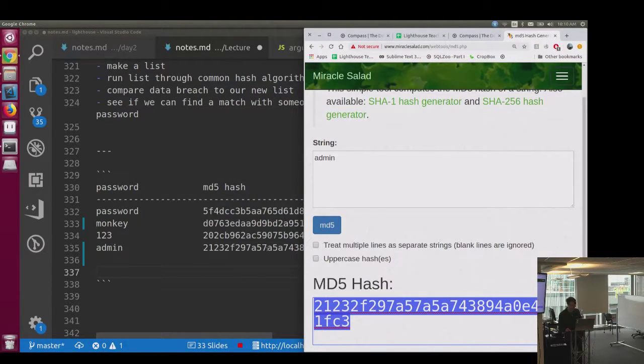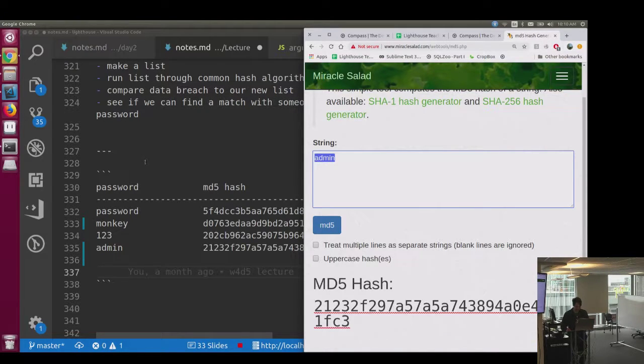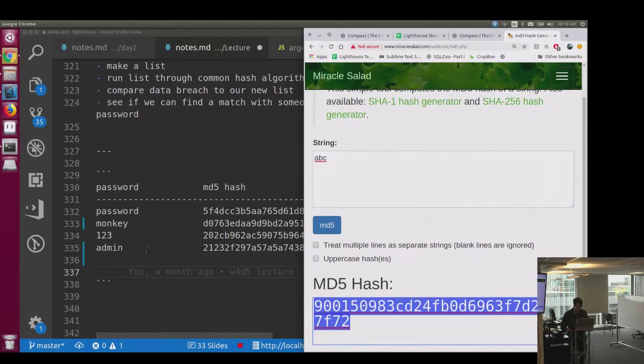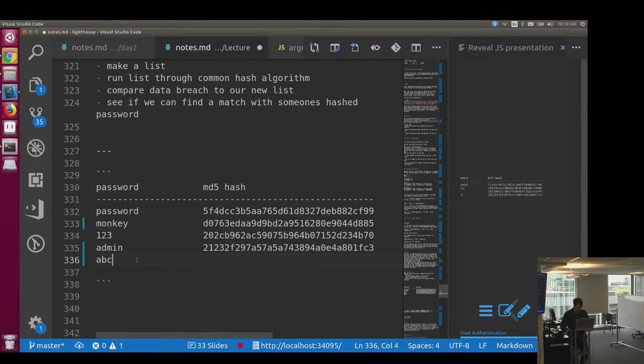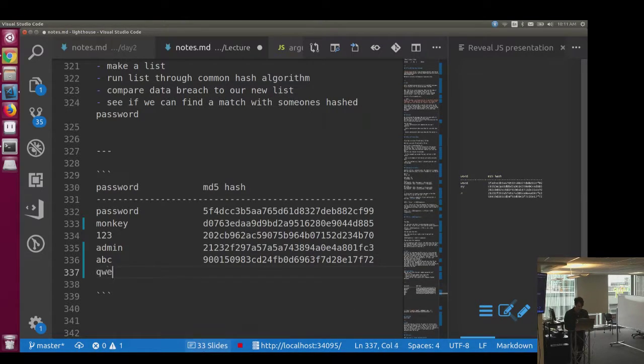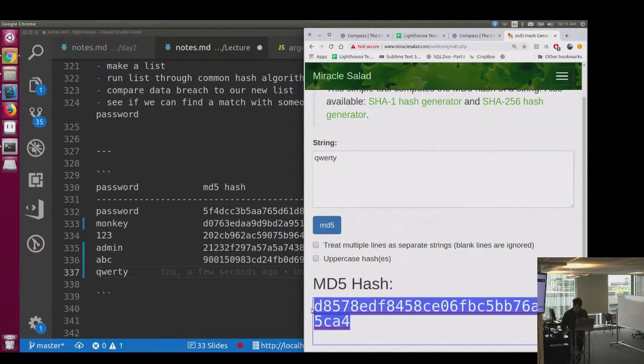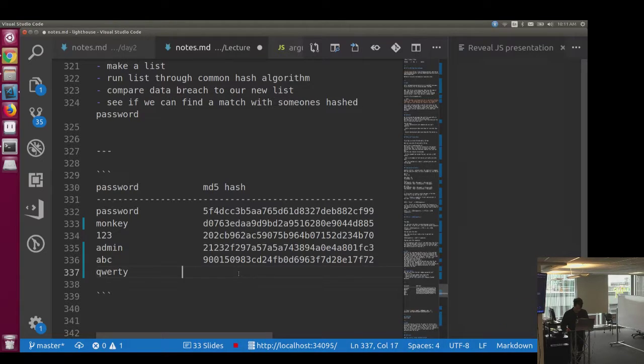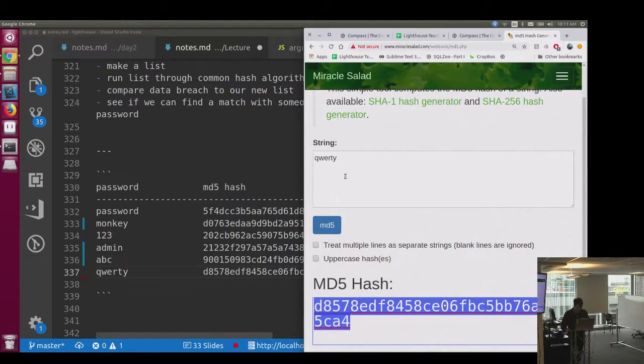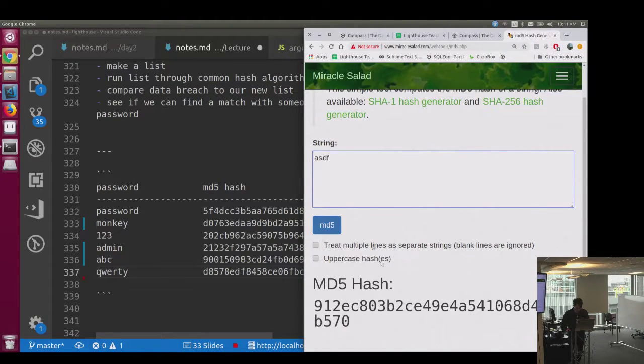What's like 1, 2, 3, but for letters? There you go, ABC. Another common one is patterns you see on your keyboard. Yeah, QWERTY. QWERTY. ASDF.